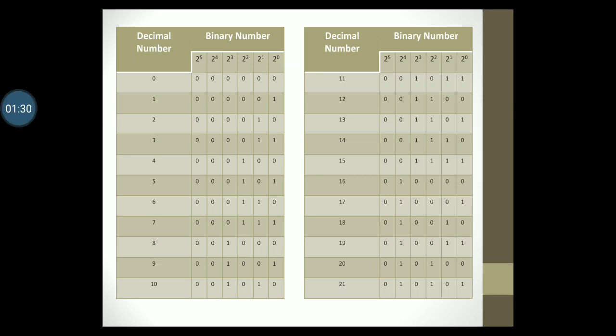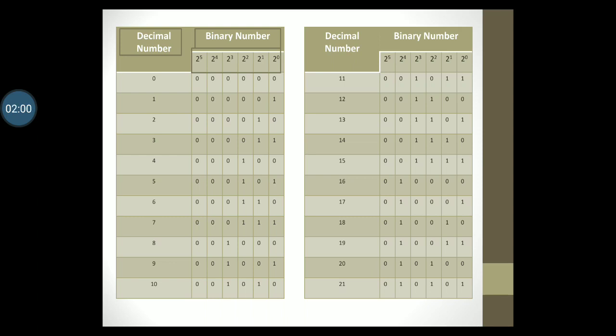In this slide, you can see two tables listing the decimal number and its equivalent binary number. Notice that the binary number is divided into columns with increasing powers of 2, starting from 2 raised to 0, followed by 2 raised to 1, 2 raised to 2, 2 raised to 3, and so on.